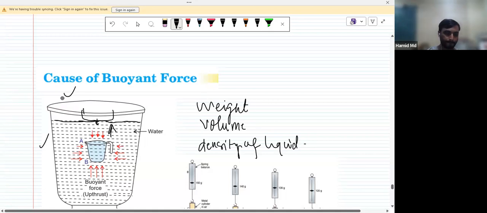When you're lifting the jug, it will be more weight outside the liquid, when lifting it outside the liquid than when lifting it in the liquid.